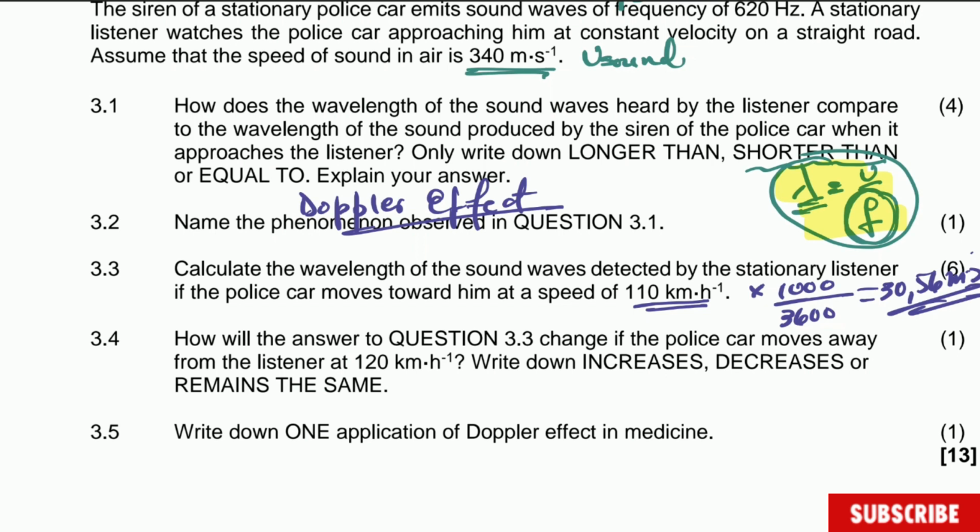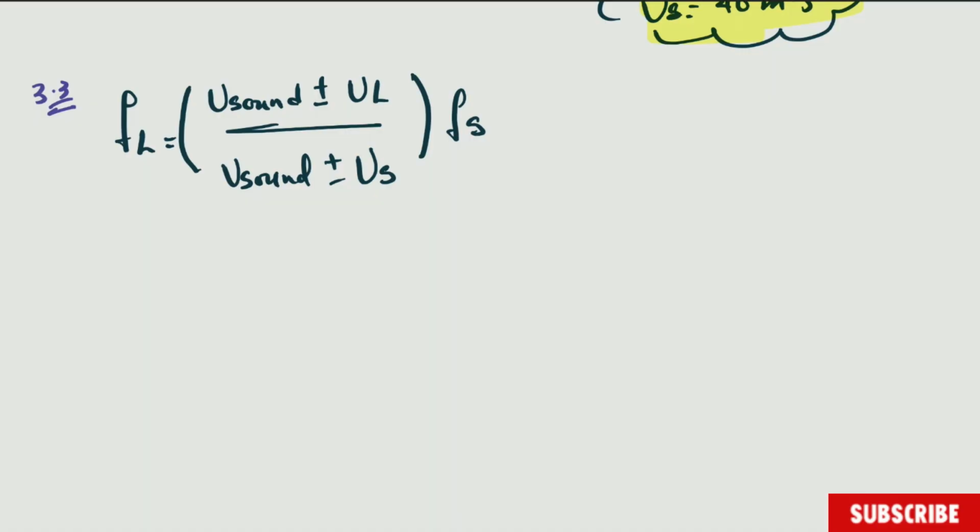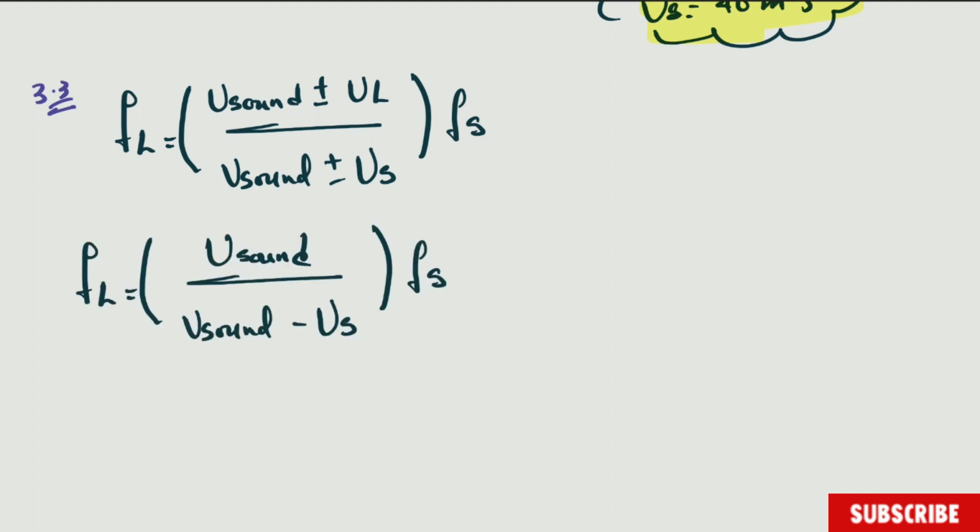So let's say again, calculate the wavelength of the sound wave detected by the listener. They're looking for wavelength, but using this formula, we need the frequency, as you can see there. So to get the frequency, we're going to use the Doppler effect equation. We take the formula as it is, and in this case, the source is moving towards the listener, and therefore when you rearrange the formula, you get a minus at the bottom.